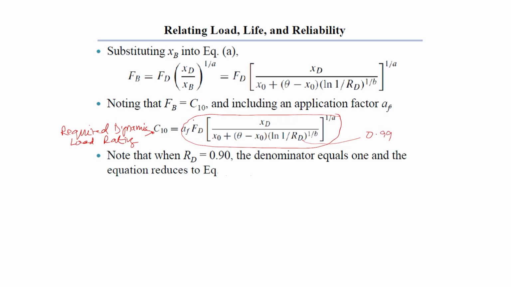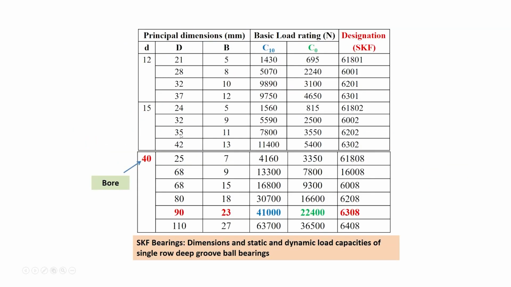So, when we substitute all terms in this equation with Rd equal to 0.99, we will get the required dynamic load rating. Now, suppose we have selected a particular bearing, and that bearing has some value of dynamic load capacity C10. So, the C10 of the selected bearing should be greater than or equal to the required dynamic load rating obtained from this formula.